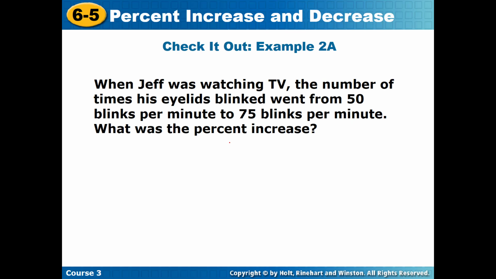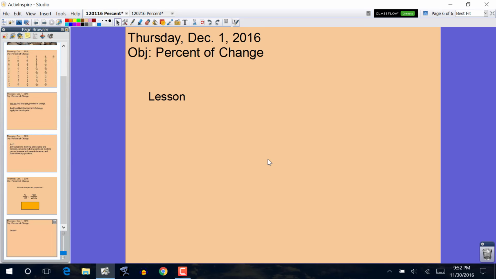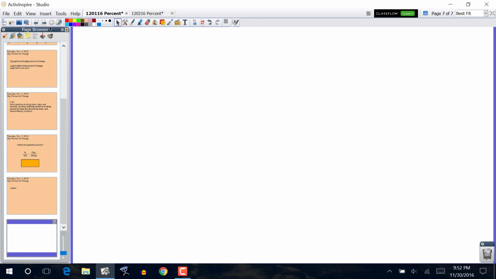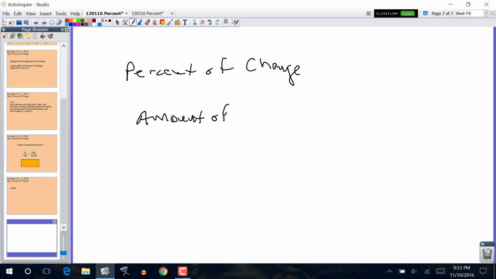So this stock actually decreased by 32% because we went from $1.25 to 85 cents a share. Okay? So in order to find percent of change, what we need to remember is that you're going to do the amount of change divided by the original amount.